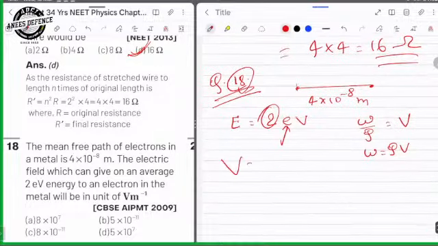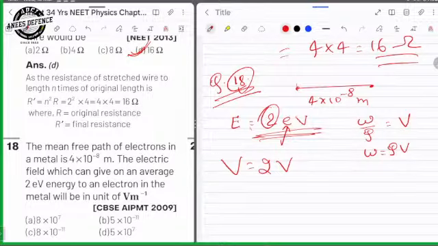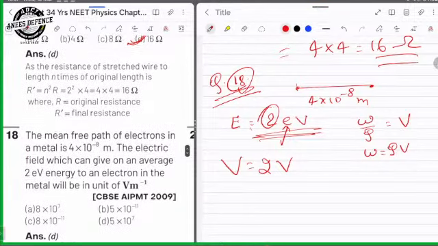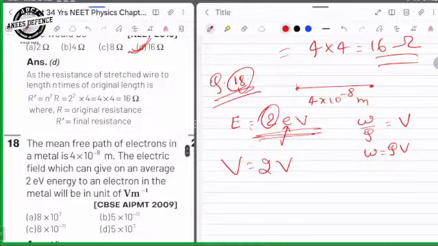So V is equal to 2 volt as per given information. Next, what they are asking: the electric field, means you have to calculate electric field. So electric field E is equal to V by d.